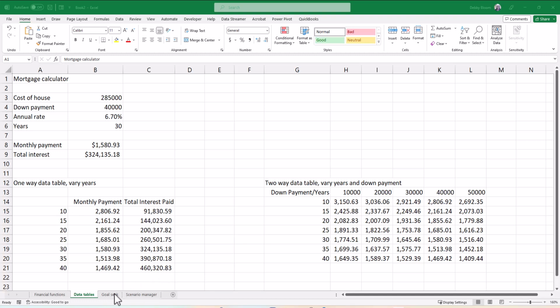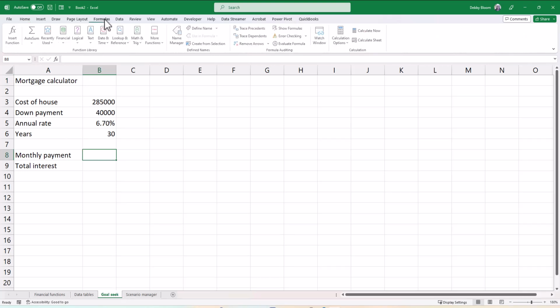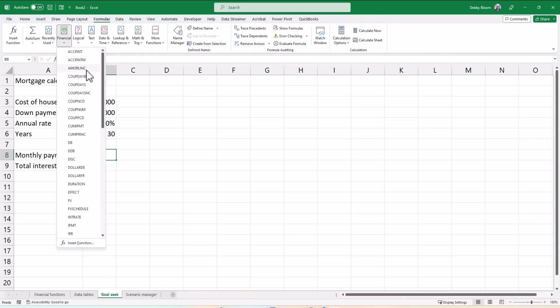Now we're going to go over GoalSeek. So I'm going to move over to the GoalSeek tab. So with GoalSeek, you can actually solve for a particular answer. So right now I'm going to use the monthly payment again. So I'm going to do my formulas, financial, and PMT.